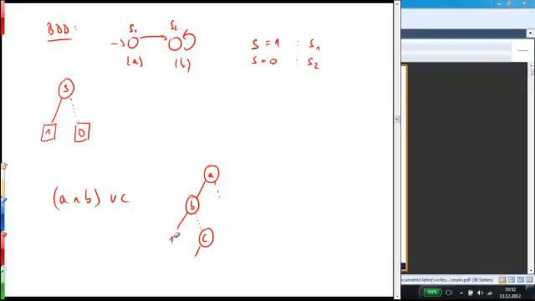Actually, I have only one 1 leaf and one 0 leaf. Or if C is false, then the formula is false. And if A is false, then independently of B, depending on the value of C, if C is true, the formula is satisfied. If C is false, then not. Yes, so this is a BDD encoding this formula.